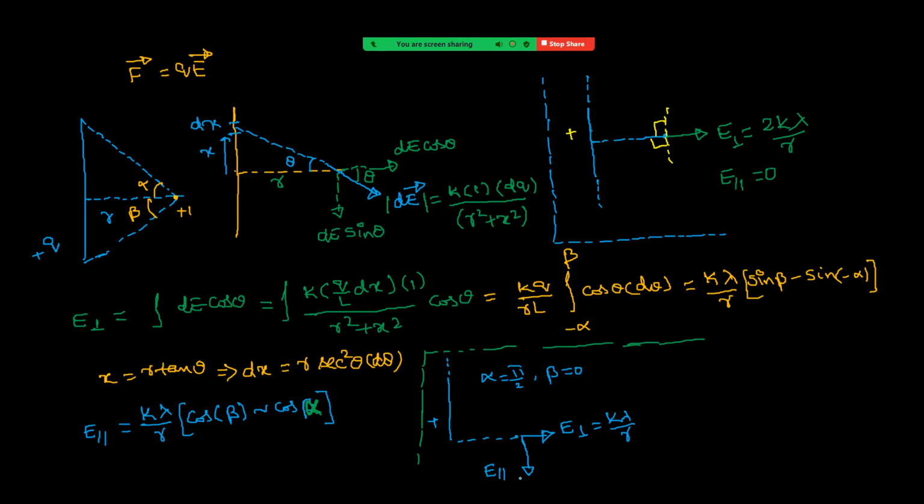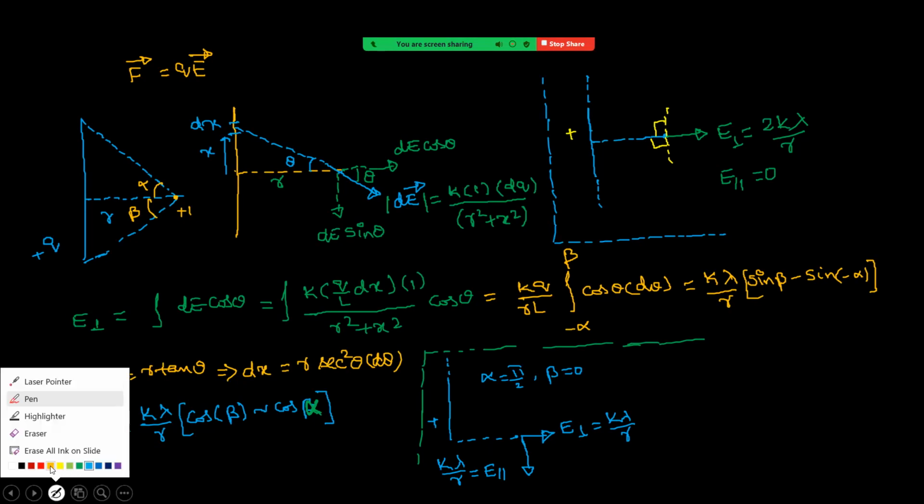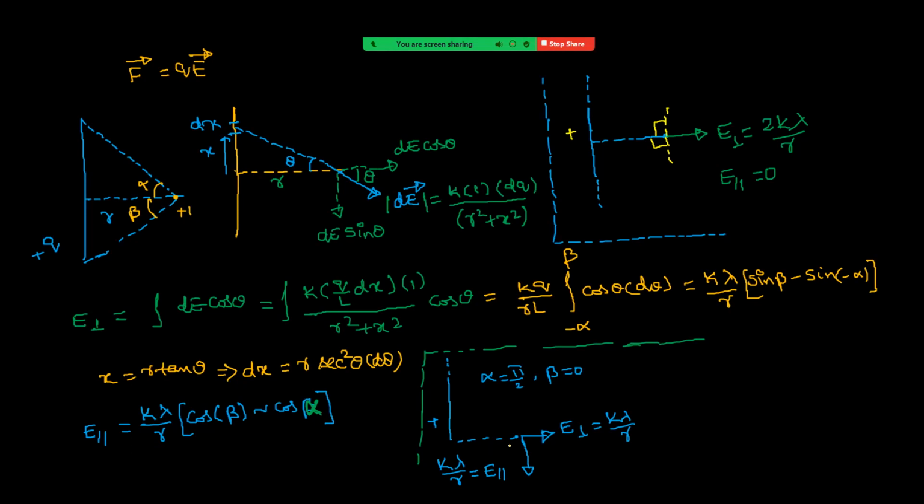And this is also equal to K lambda by R. If you now take the resultant, it will be along the angular bisector, that is E bar. Because both have the same magnitude and the angle between them is 90, this is along the angular bisector.